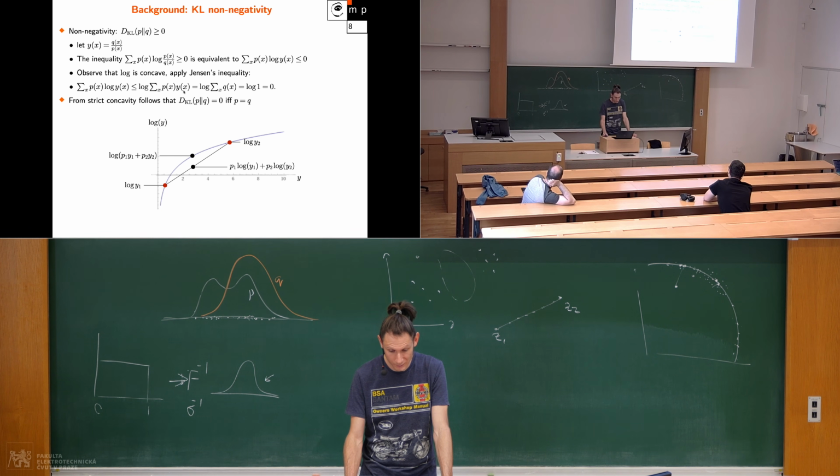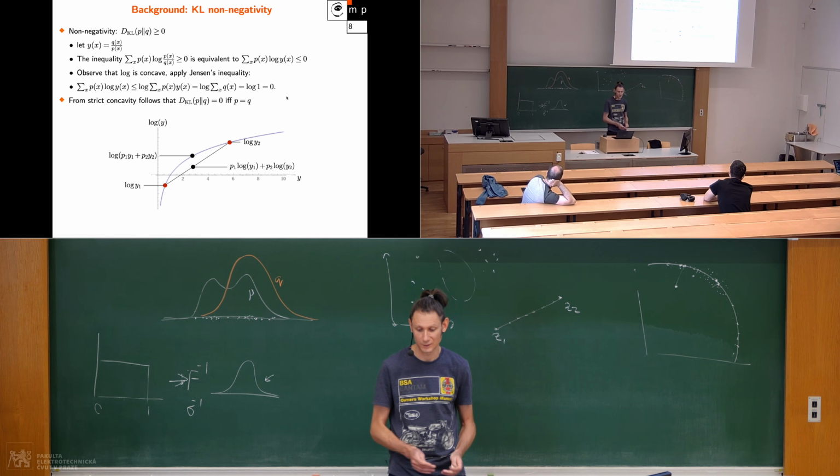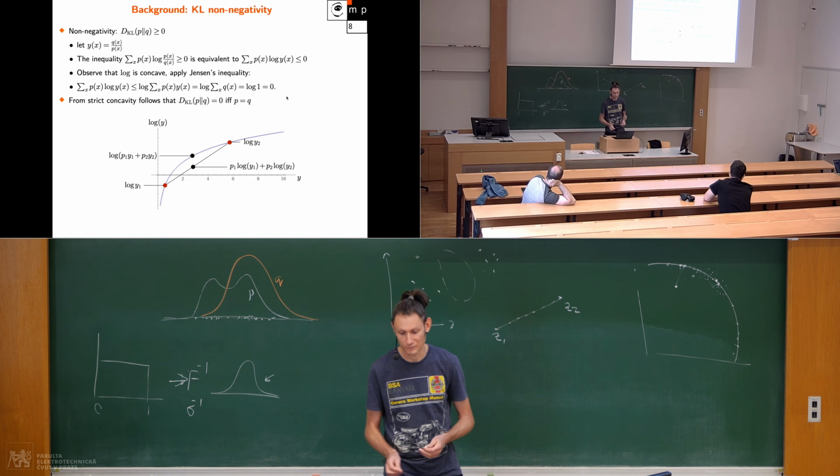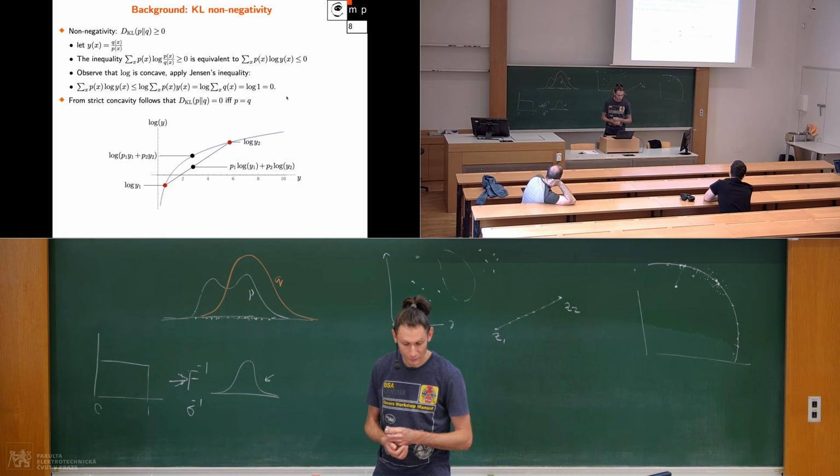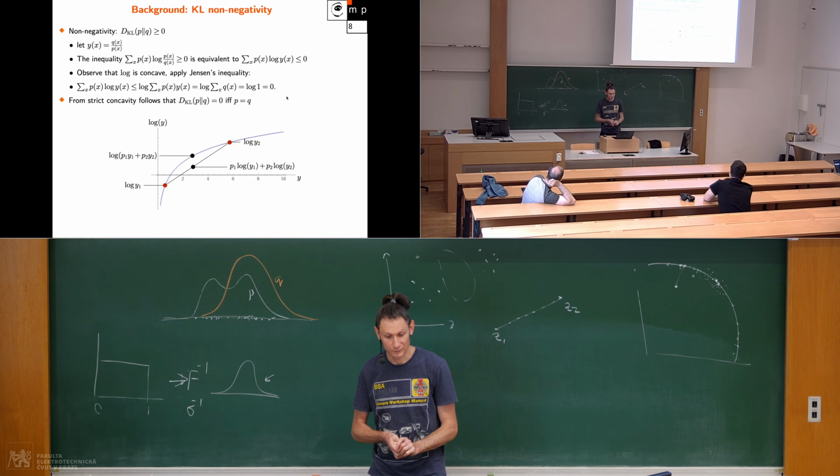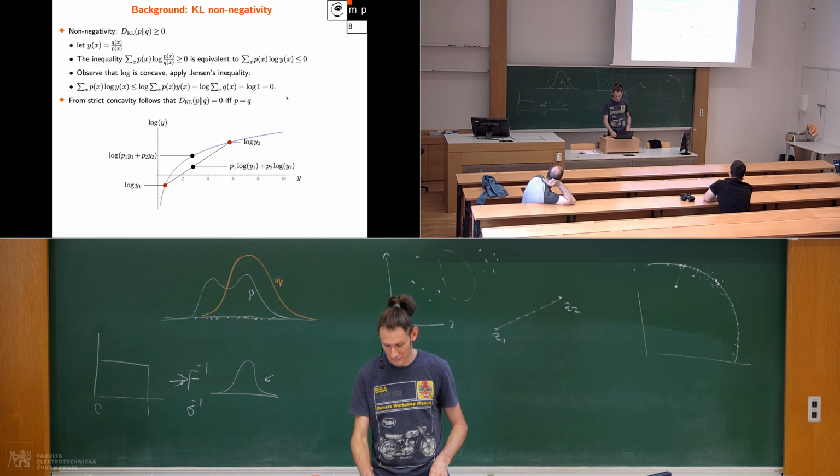After applying this inequality, we just substitute what was in y, and we see that it is the logarithm of the total mass of y, and if it was a distribution, this is 1. So then the result is 0. So we proved non-negativity of the Kullback divergence.